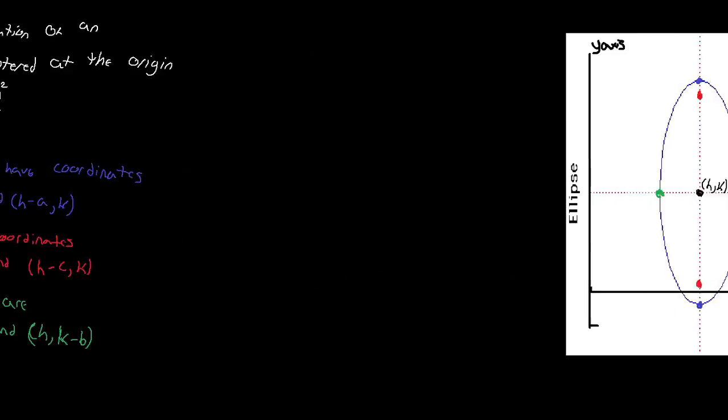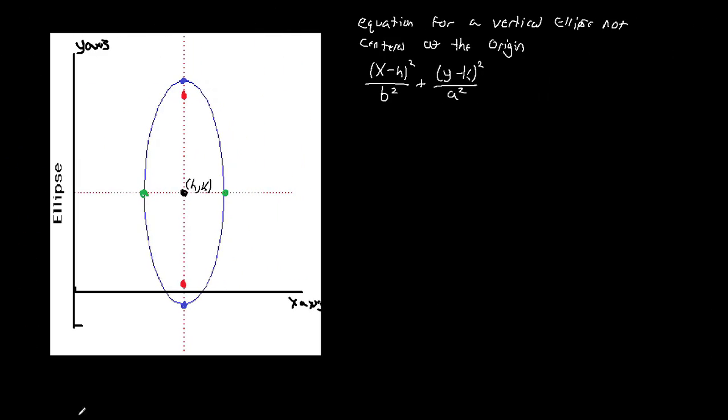Well, now if we look at our vertical ellipse, to get to our top vertex up here, first we have to go up k and then up a as well.